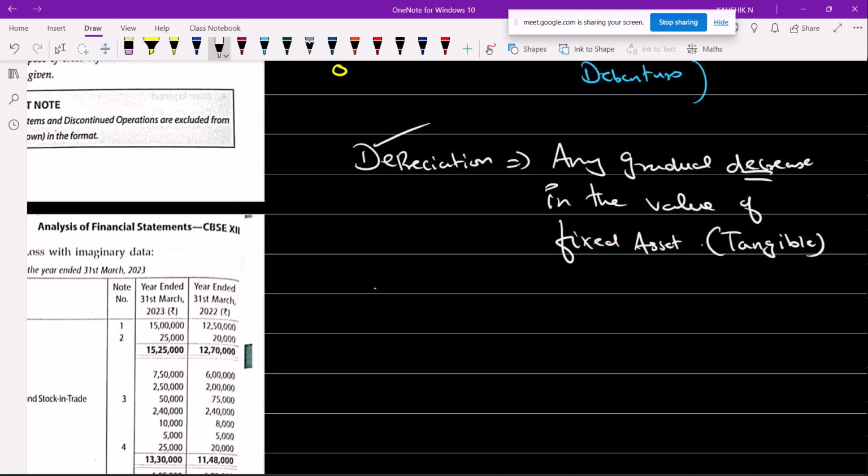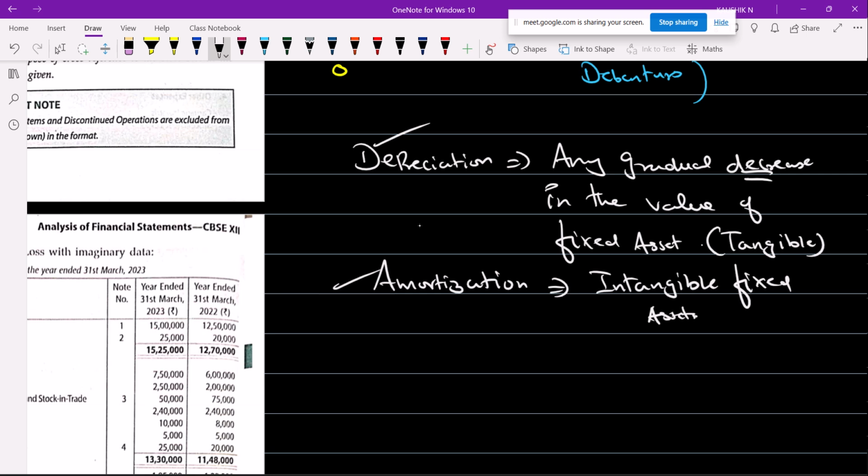Whereas amortization is on intangible fixed assets. That means if the value of any intangible fixed asset decreases, that is due to amortization.